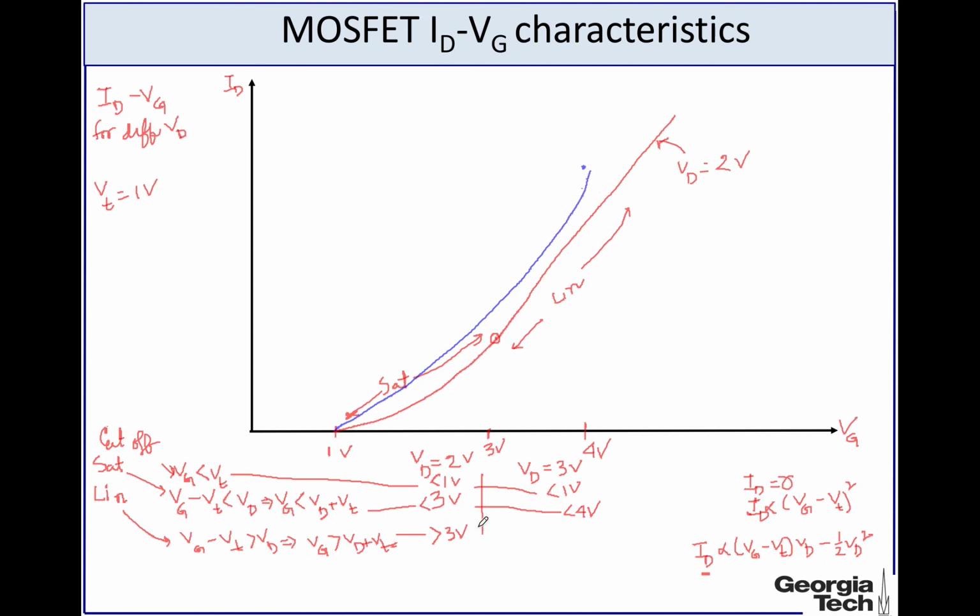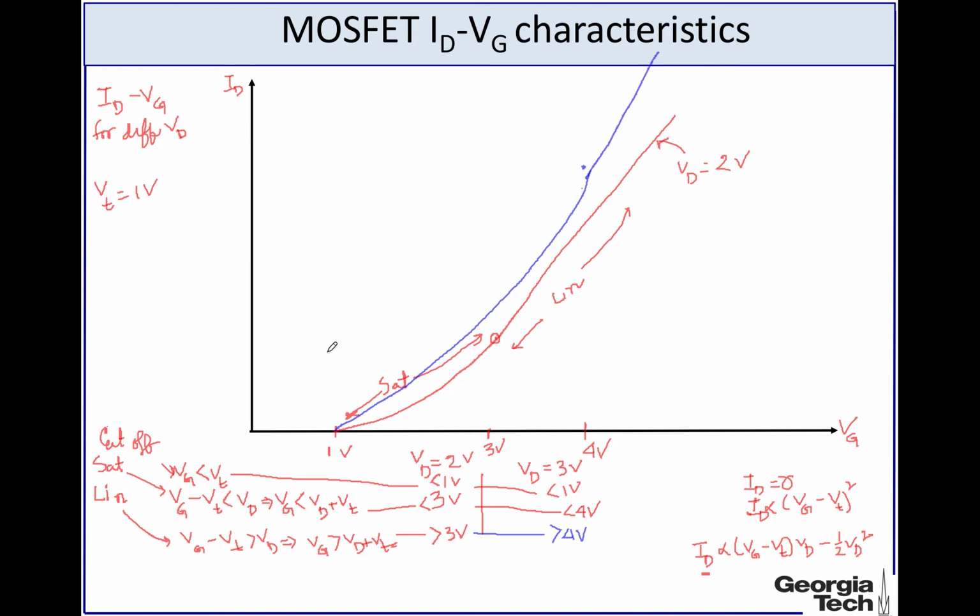And when Vg is larger than Vd plus Vt, which means larger than 4 volts, it will be in the linear region, and beyond this point it will be a linear function.